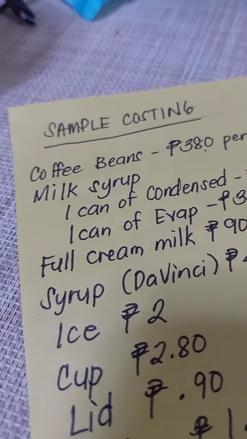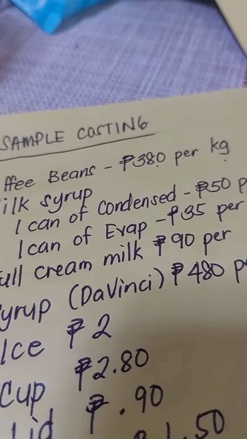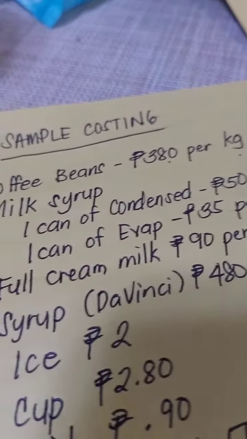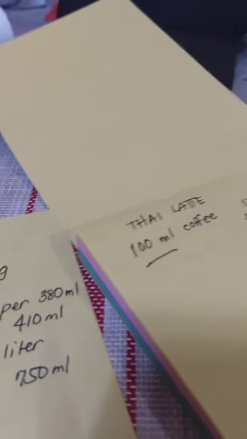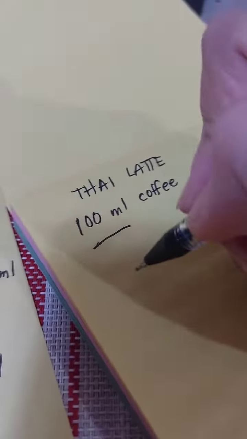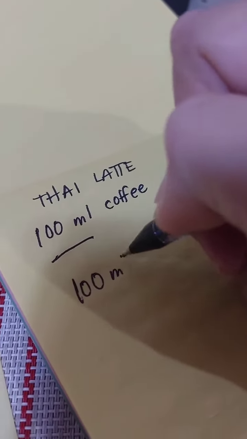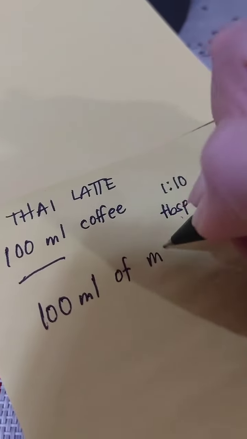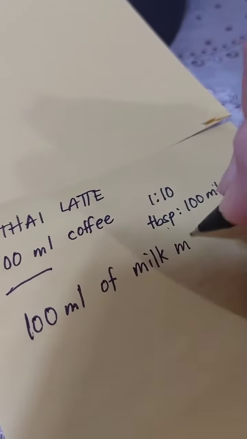Now would be the milk syrup. So, you will still have to get the per ml. In a 16-ounce cup of Thai latte, di ba, we've used approximately 100 ml of milk mixture.